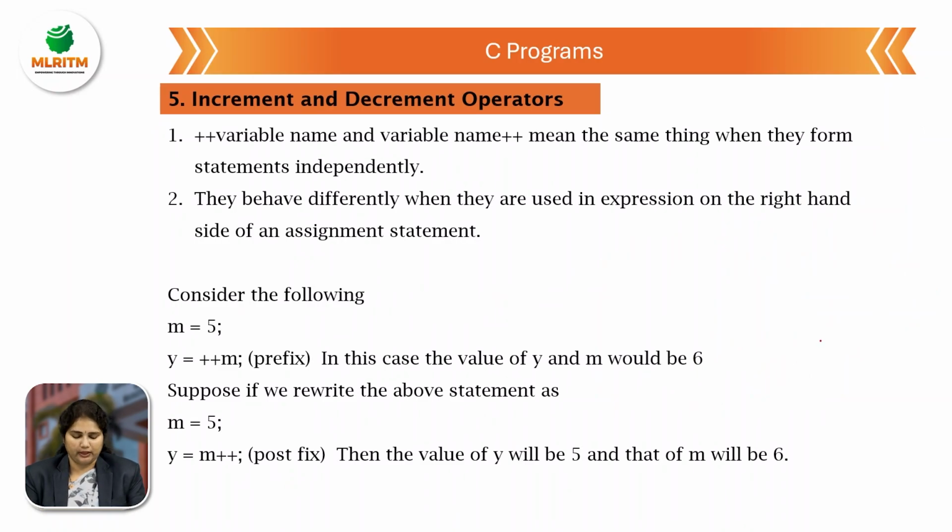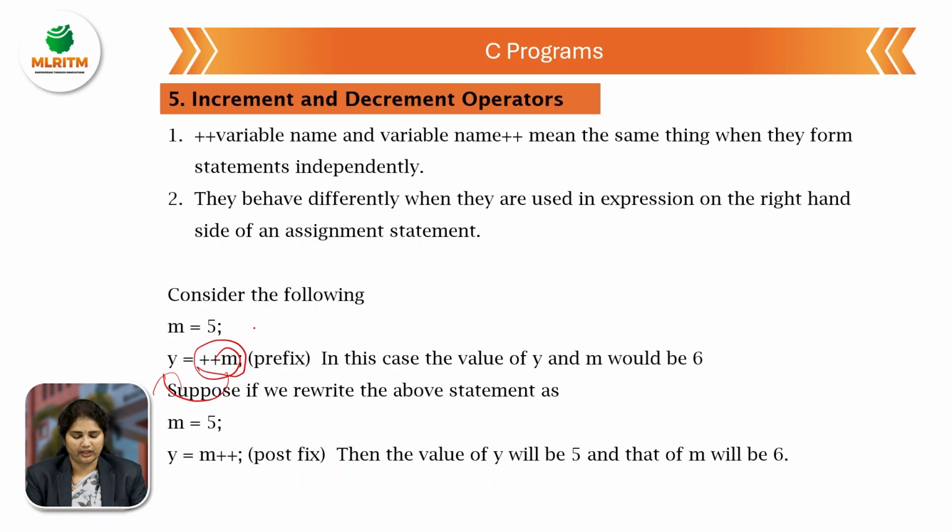Here coming to an example, m equal to 5, and y equal to plus plus m. Plus plus m is pre-increment. First the value is incremented by 1 and only after that it is assigned to y. Now the m value will be increased by 1.